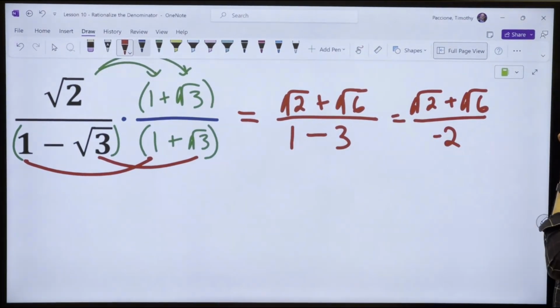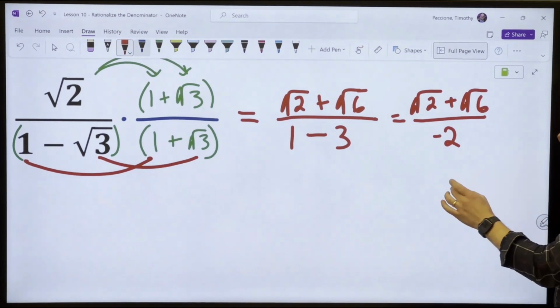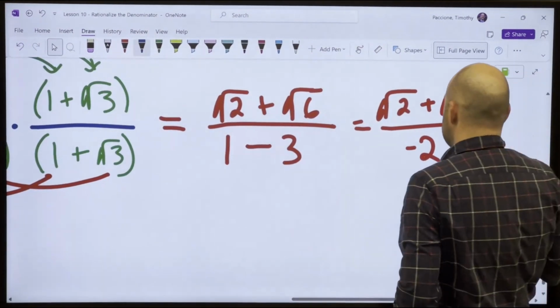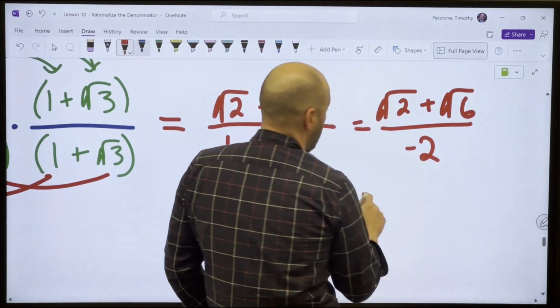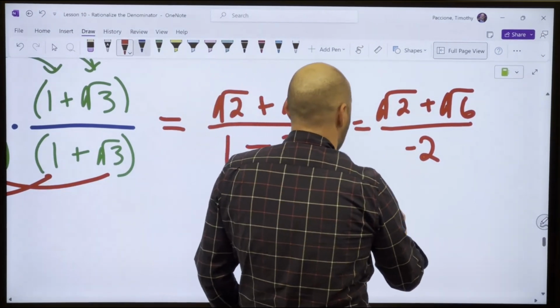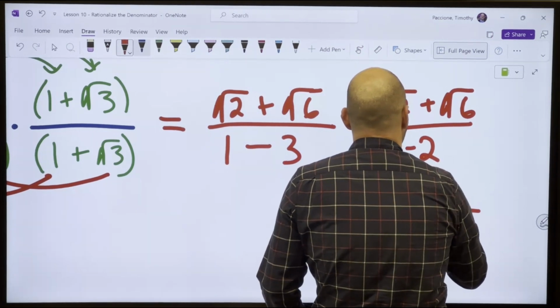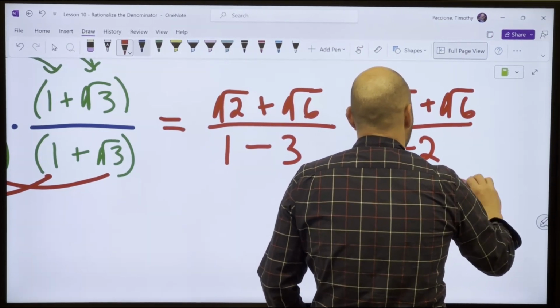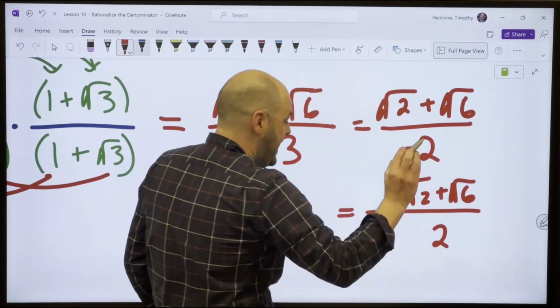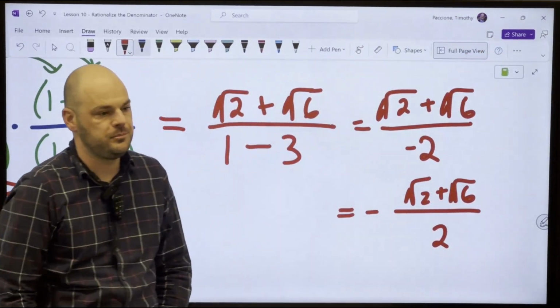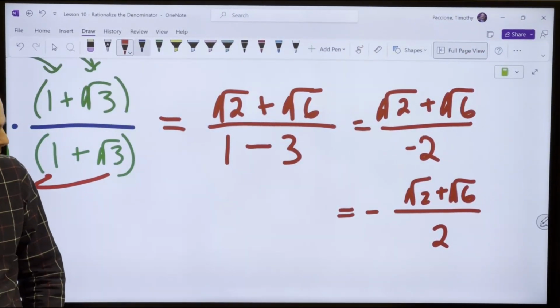No, I mean like, so you said that the negative would go up on the... Oh, all I'm saying is that the homework will say, okay, well, a negative can come out front and be square root of 2 plus square root of 6 over 2. And then they distribute it through the top. Okay, that makes more sense. But you don't need to do that.